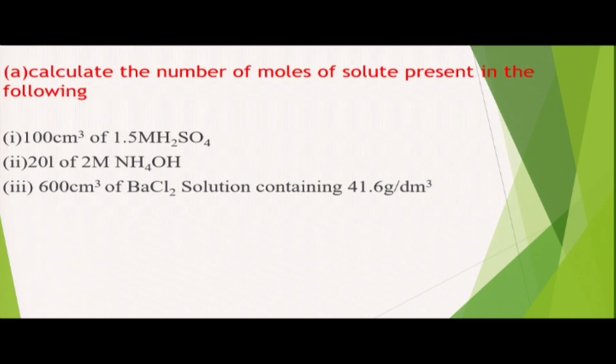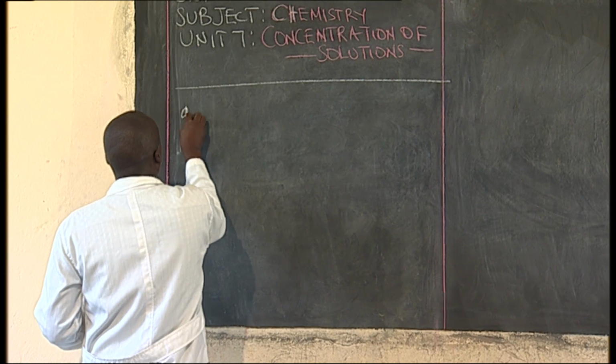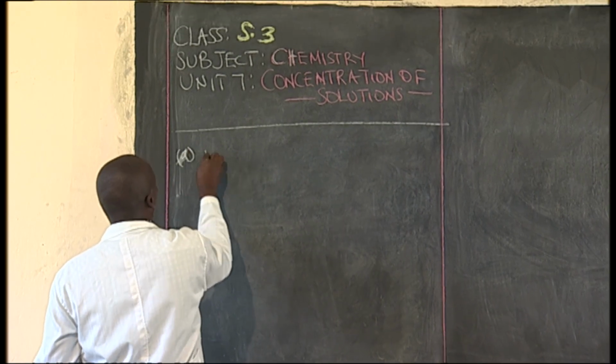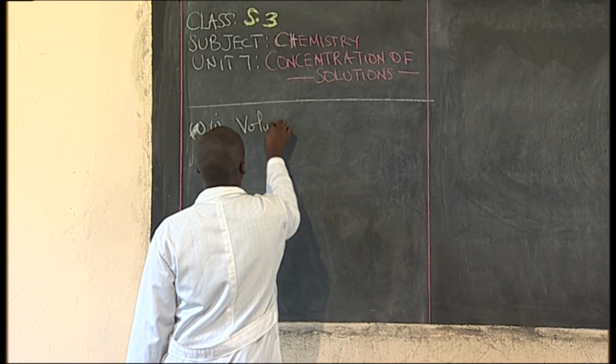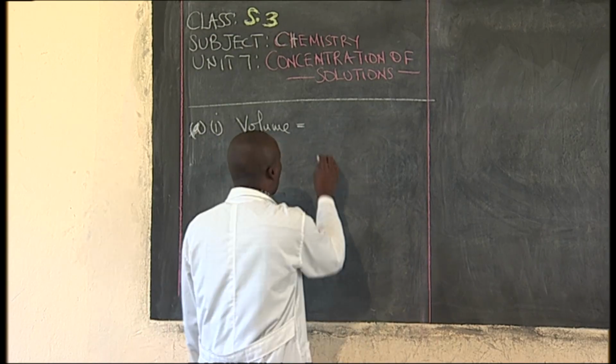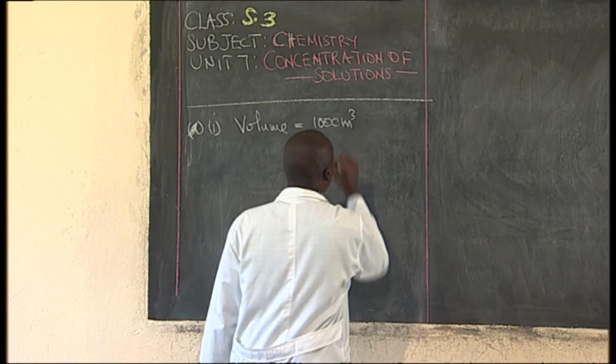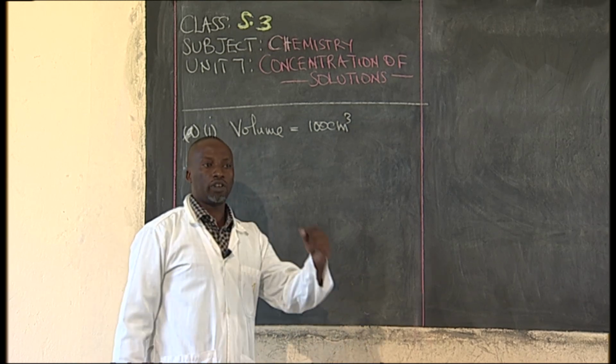In part A, calculate the number of moles of solute present in the following. Please be ready with your calculator. Part A, Roman number 1, whereby you are given the volume of the solution, which is equal to 100 cubic centimeters, and then 1.5 molar.